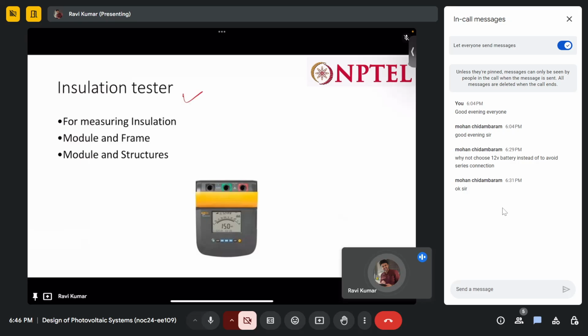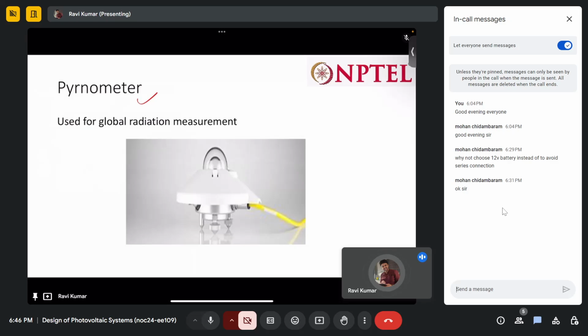Then we have an insulation tester. It is used to measure the insulation between the different layers of a PV module. Then we have a very specific device, the pyranometer, which is used to measure the global radiation. Sometimes if we shade it, it can measure the diffuse radiation.